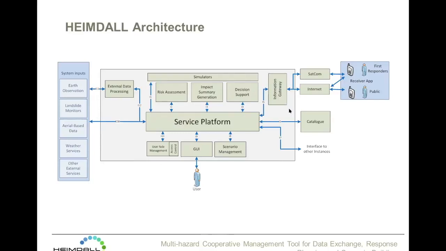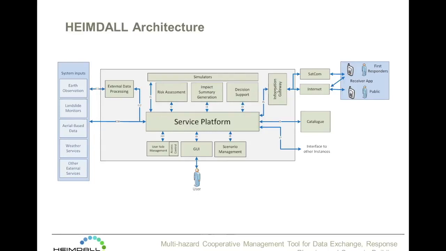On the right-hand side, we have everything the end user needs for communication. There is an information gateway that helps us inform the public and stay connected with the first responders in the field. For this, we can use a satellite communication channel or the general internet as a connection.